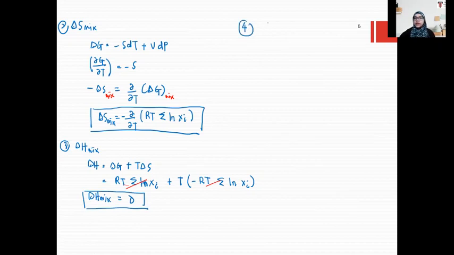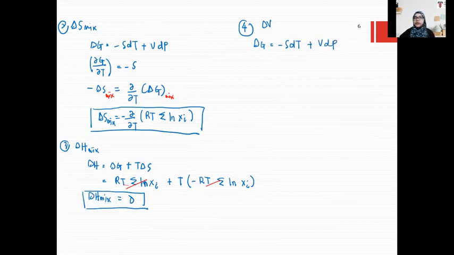How about the volume? How do we determine the change in the volume? To relate it, we can use this equation: dG equals minus S dT plus V dP.